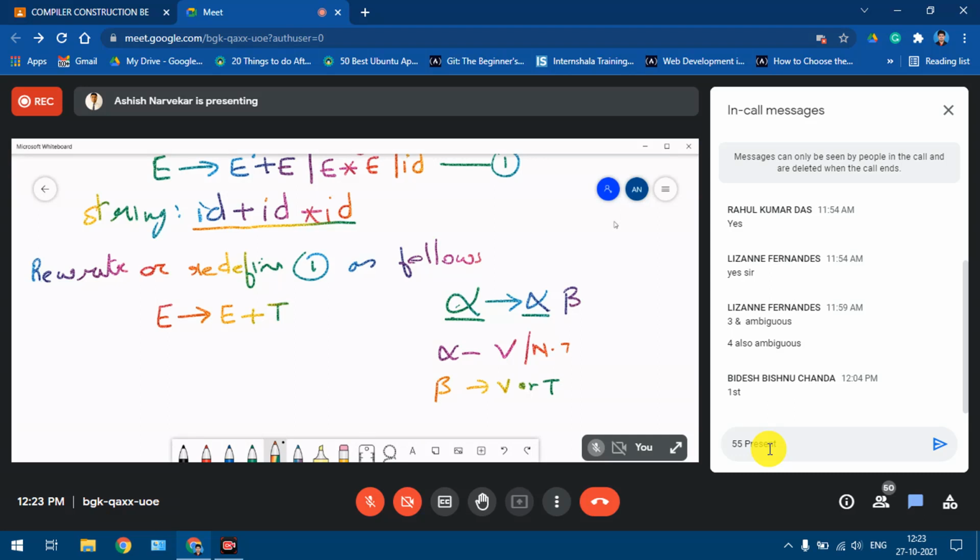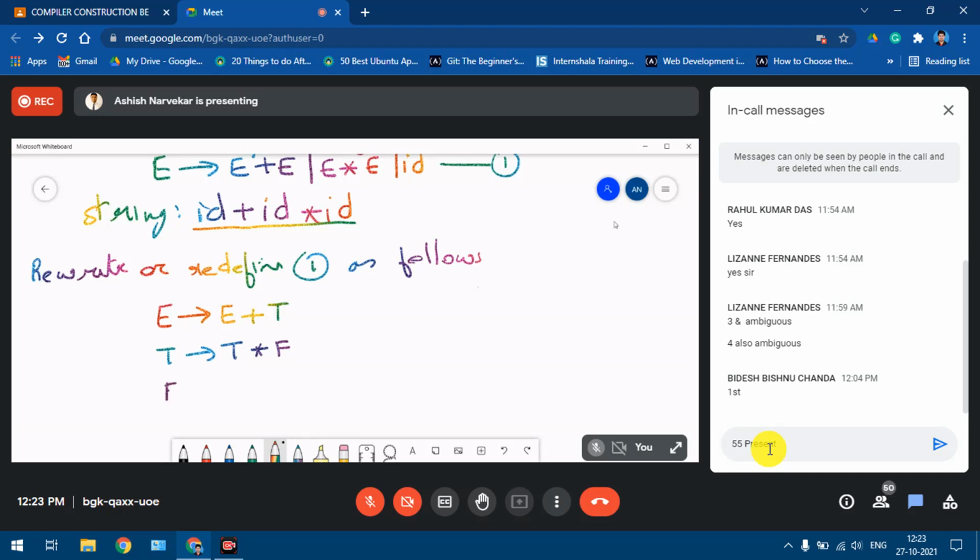In such a case, the grammar is said to be left recursive. So instead of writing E plus E, we are writing E plus T. Next we can define this T in the form of T into F. So instead of writing E into E, we write T into F.